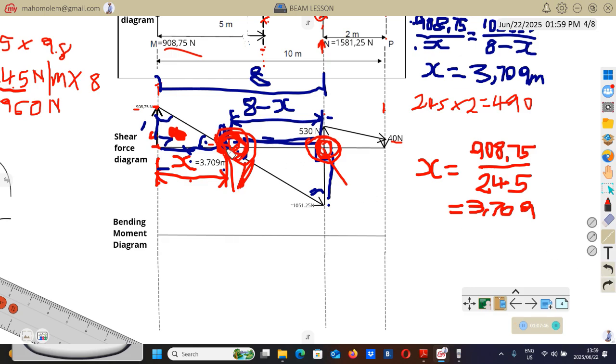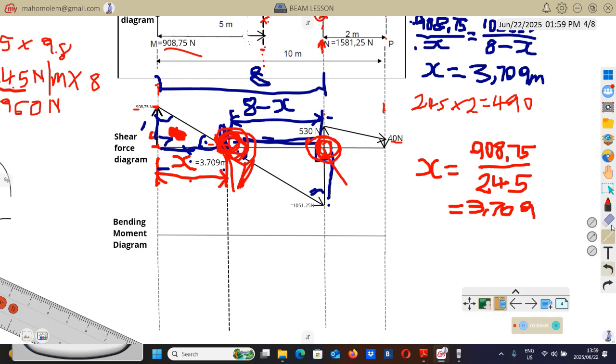So the shear force diagram crosses this horizontal line here. It means that this point is one of those critical points, one of those principal points. So you draw a dotted line like that.